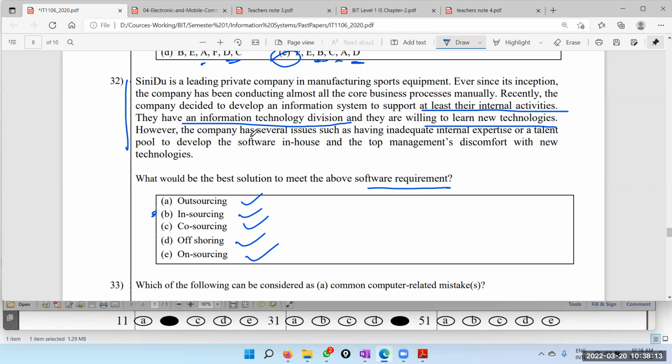However, the company has several issues such as having inadequate internal experts or talented pool of developers to develop software in-house, and top management discomfort with new technologies.